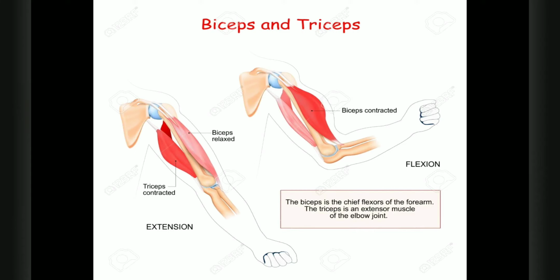If you see a biceps, it always brings flexion, that is folding of your hand. So biceps are also called flexors, and triceps bring extension of the elbow joint, so they are also called extensors. So biceps are flexors and triceps are extensors.